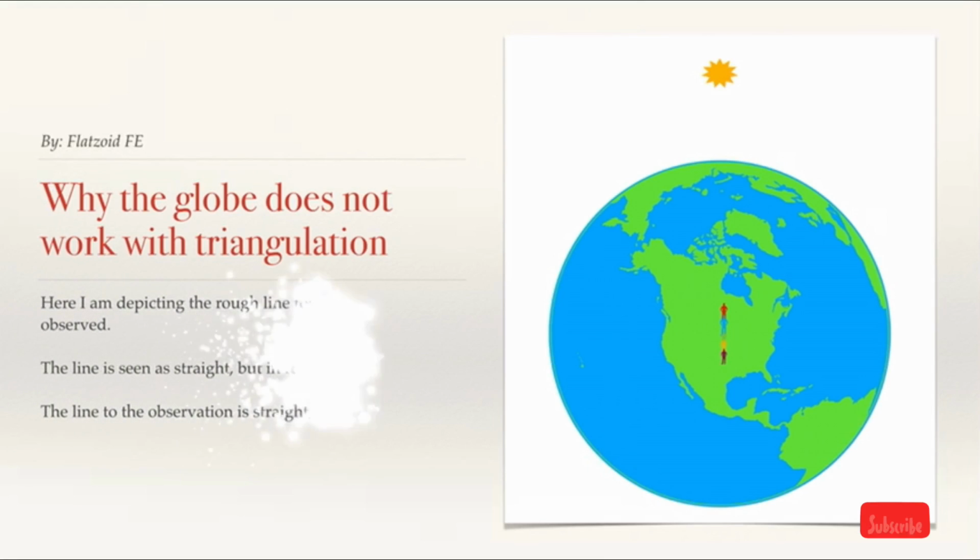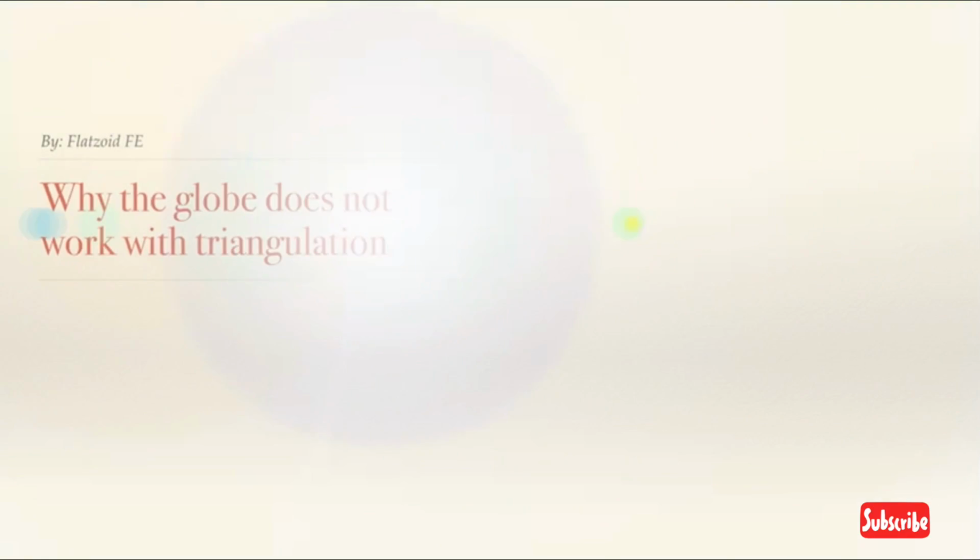I'm just trying to depict why it would be. Okay, it's a straight line according to Reds, but according to the model reality, it would be a curved line on the surface. So it's not actually straight, the deck is curved. So you're not going to be able to actually get an angle to Polaris if the surface is curved.